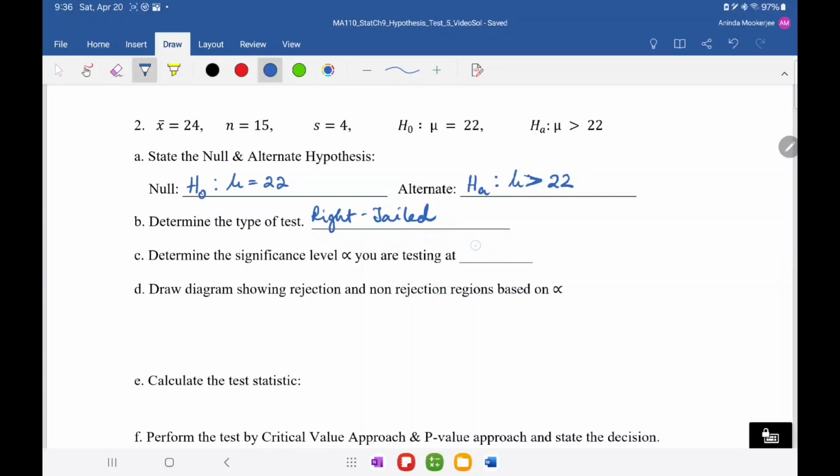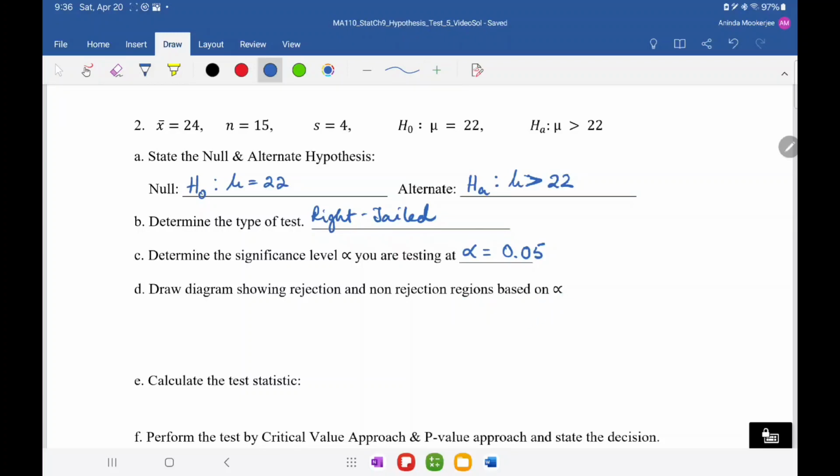So it's going to be alpha equals 0.05, which comes from the 5% significance level that we are testing at.